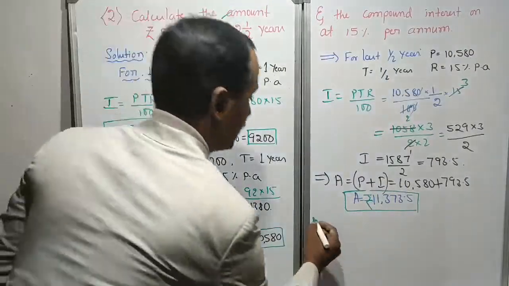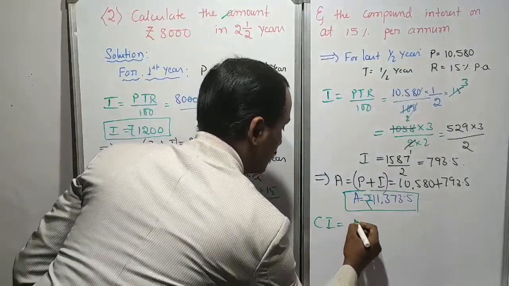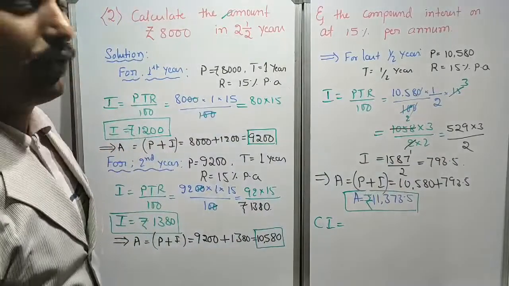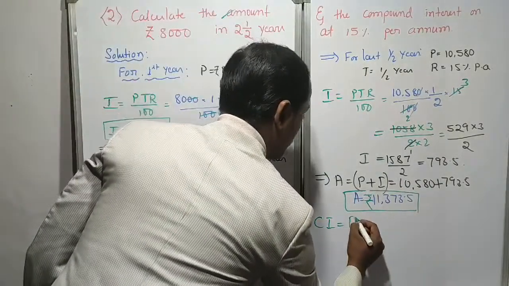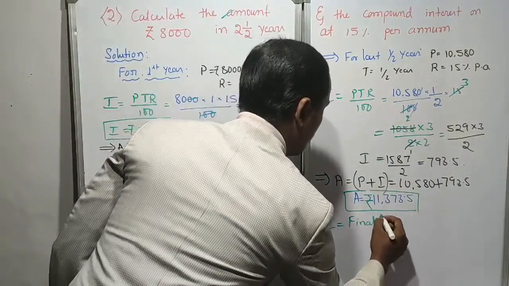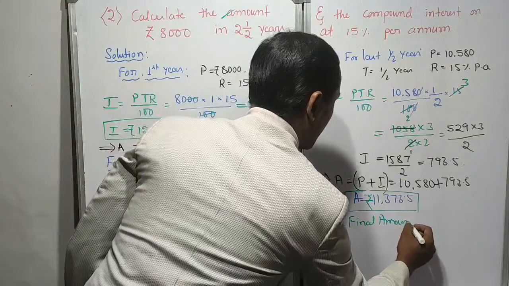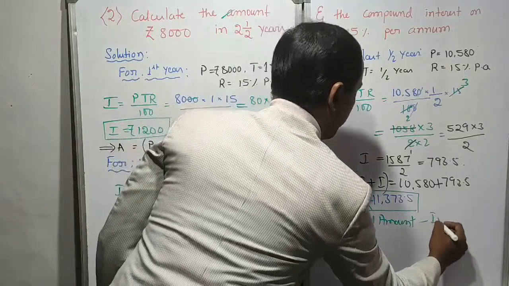One more question is the compound interest. Look at the children. Compound interest is equal to final amount minus initial principal.